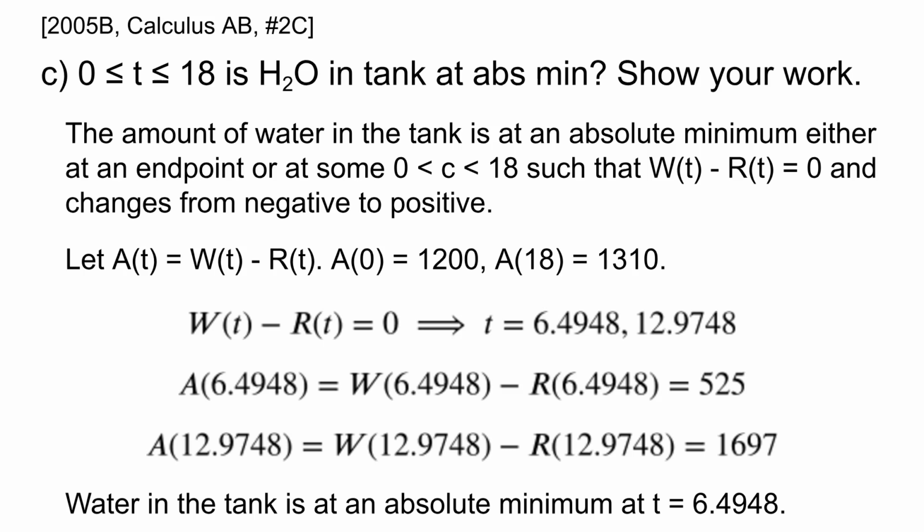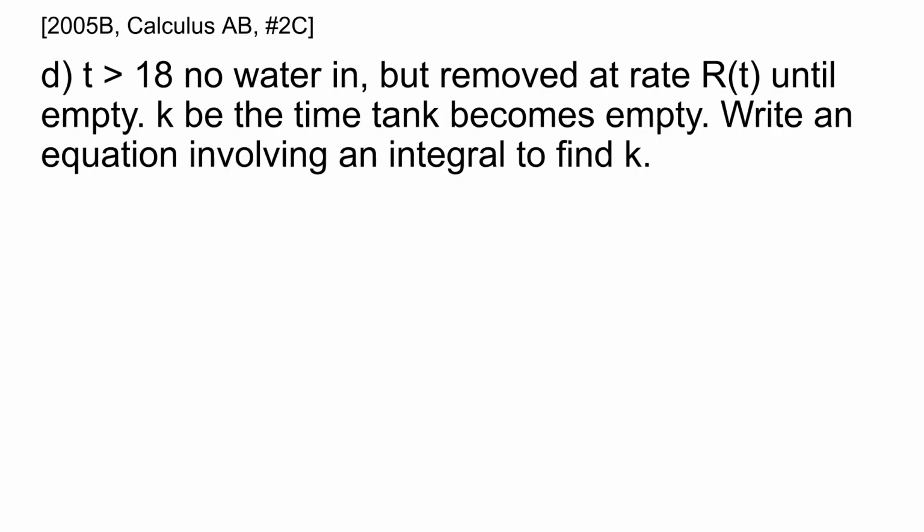In part D of the question, we are given that for t greater than 18, no water is pumped into the tank, but it continues to be removed at a rate R of t until it's empty. Let K be the time the tank becomes empty.